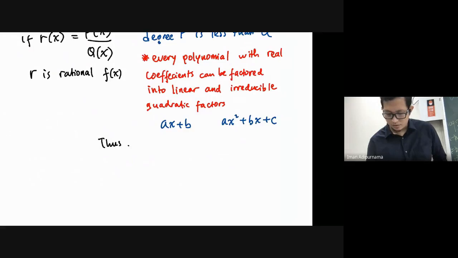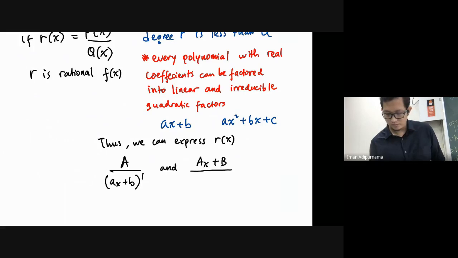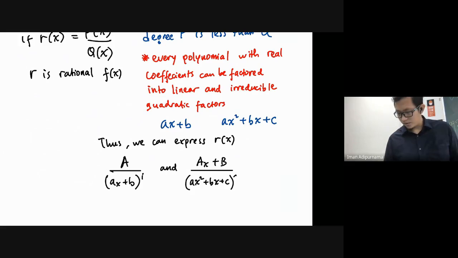And thus, we can express Rx as a sum of terms with ax plus b, and ax plus b, and so on, let's say it's j.